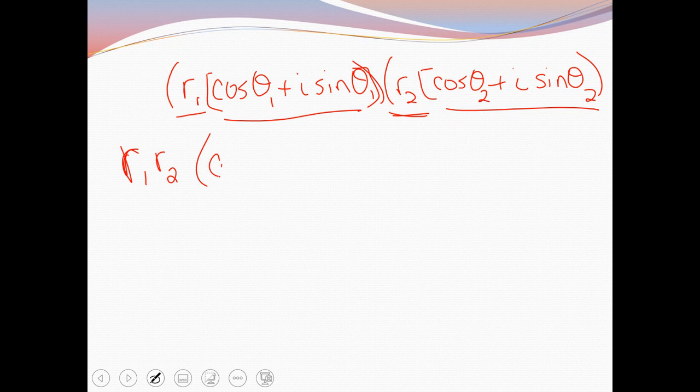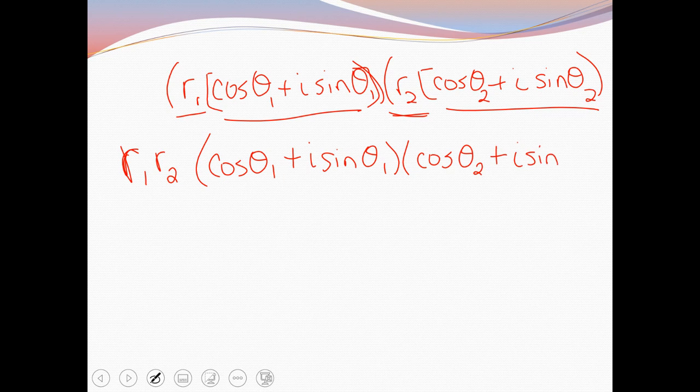And then you have cosine theta 1 plus I sine theta 1 times cosine theta 2 plus I sine theta 2. Now, just like if they were complex numbers, you can multiply those out. So we'd still have that R1, R2 out in front.